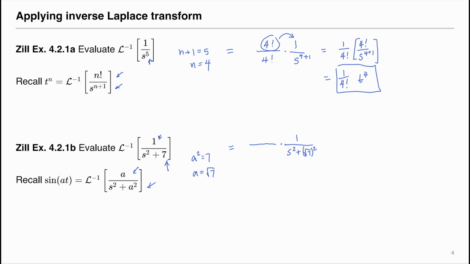We multiply by square root of 7 top and bottom, and bring one of them inside: 1 over square root of 7 times square root of 7 over s squared plus square root of 7 squared. The latter term we can rewrite using the table, which is sine of a t, where a equals square root of 7. We have solved it.